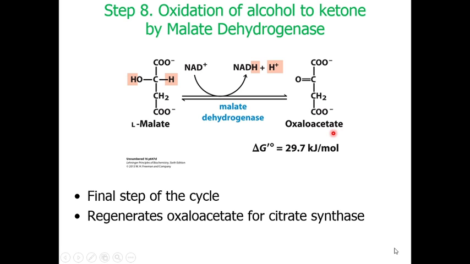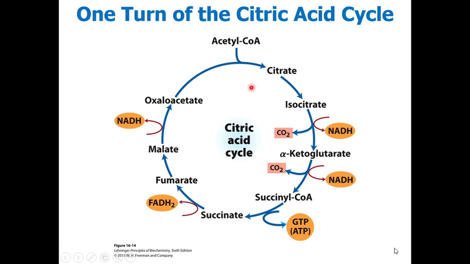So to recap, citric acid cycle, or tricarboxylic acid cycle, or the Krebs cycle, you may call it any of these names. This cycle involves the conversion of acetyl-CoA into 2 carbon dioxide molecules and eventually to oxaloacetate.